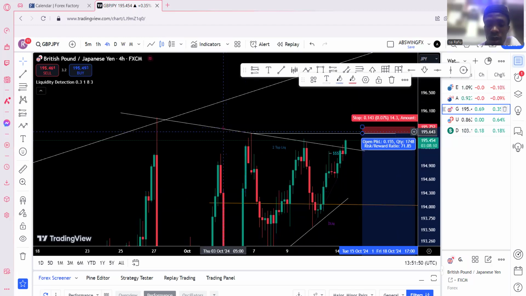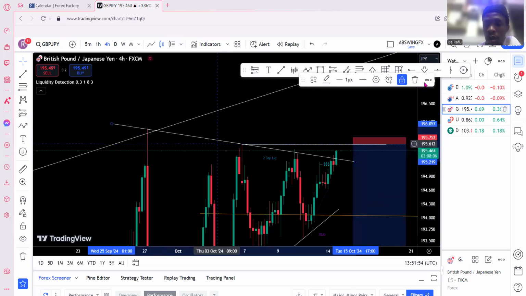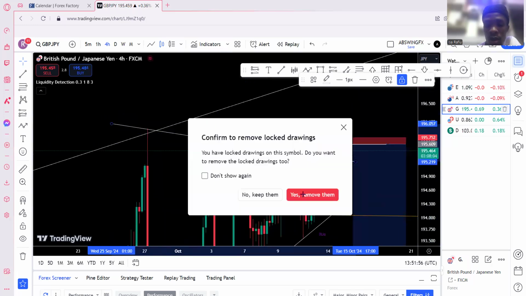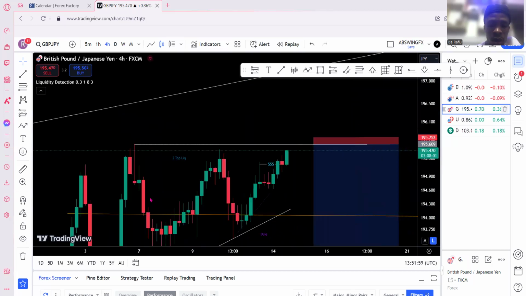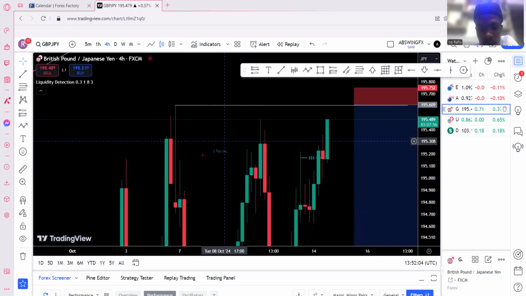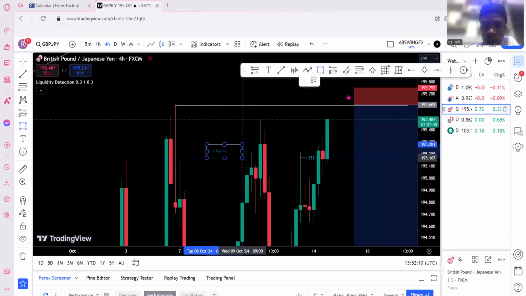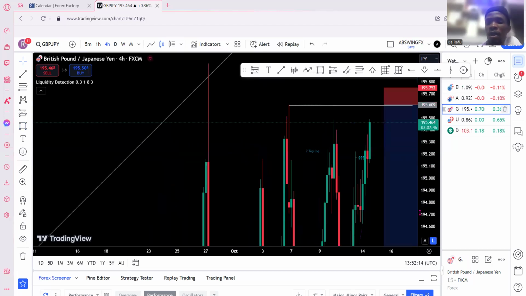Let me remove this so you can see it clearly. You can see there is an upward top liquidity at that point.